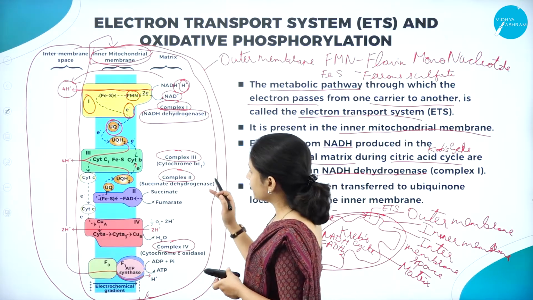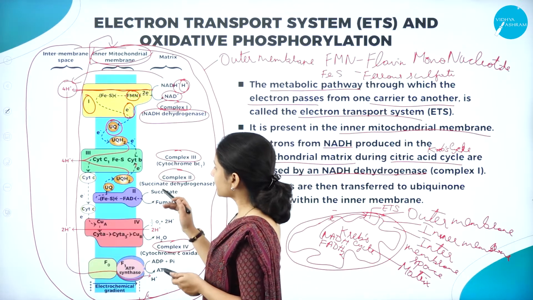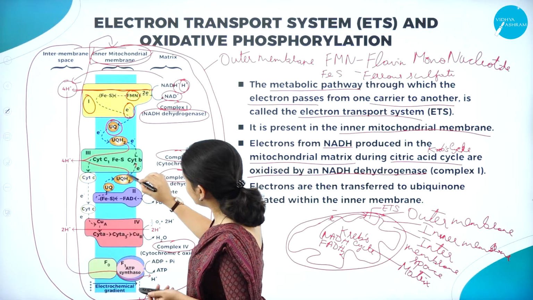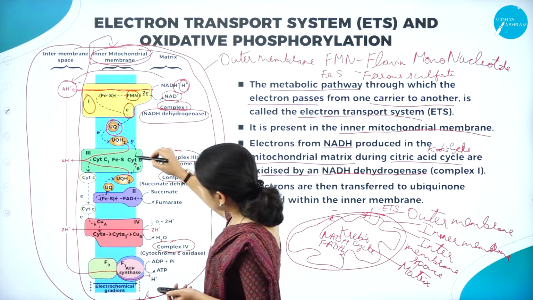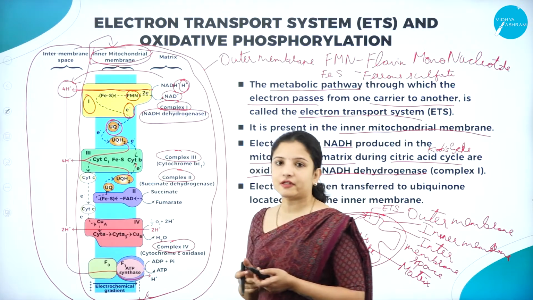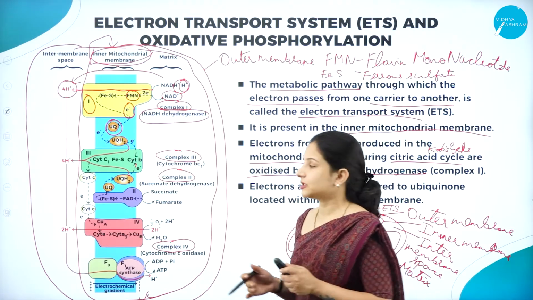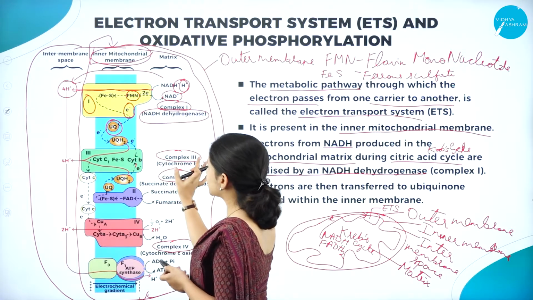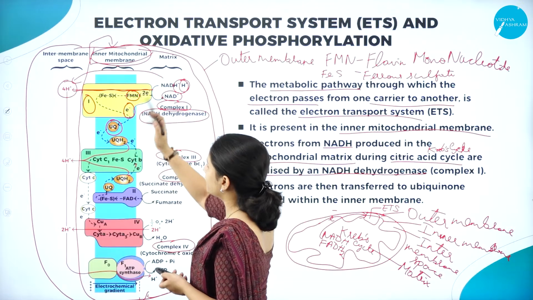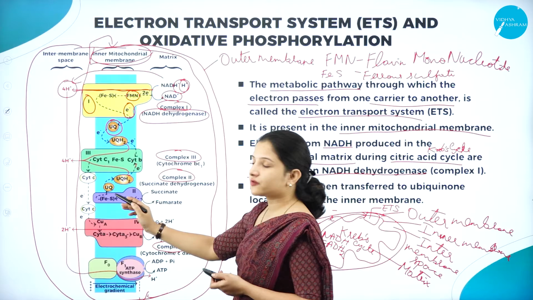And here one more thing you should remember: complex 2 also supplies electrons. If you can see an arrow mark directed towards the cytochrome bc1 complex, which is complex 3. So the main function of complex 3 is to receive electrons from complex 1 as well as from complex 2.